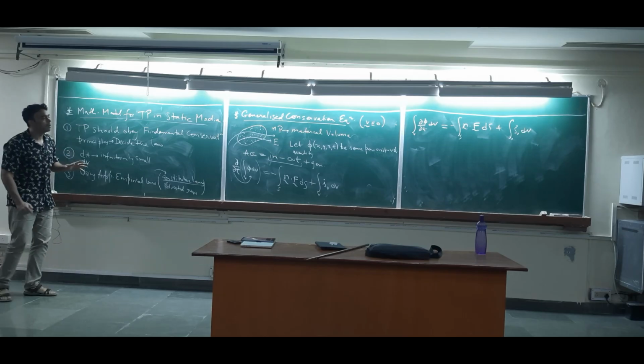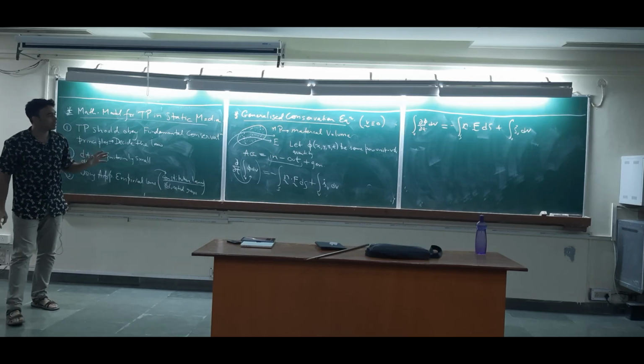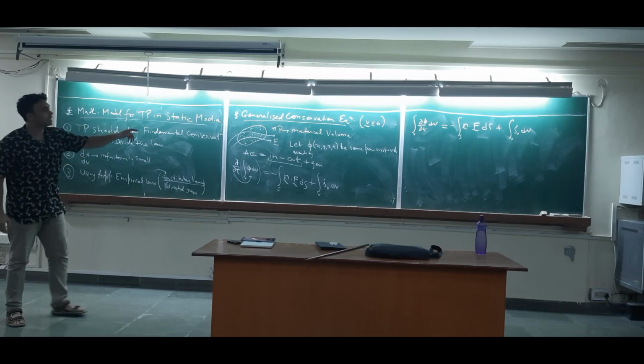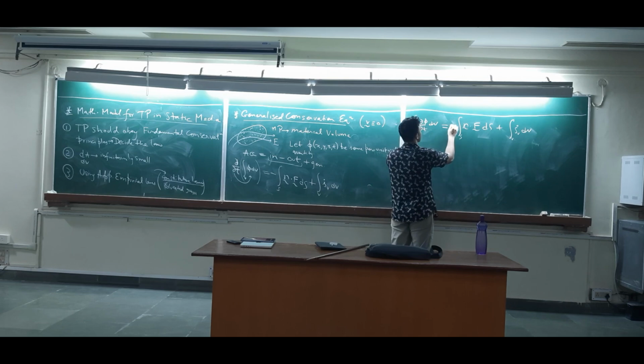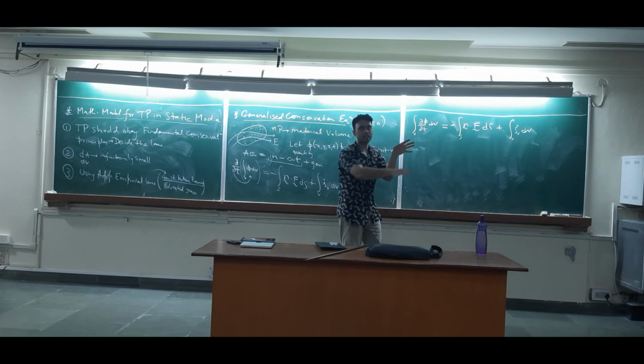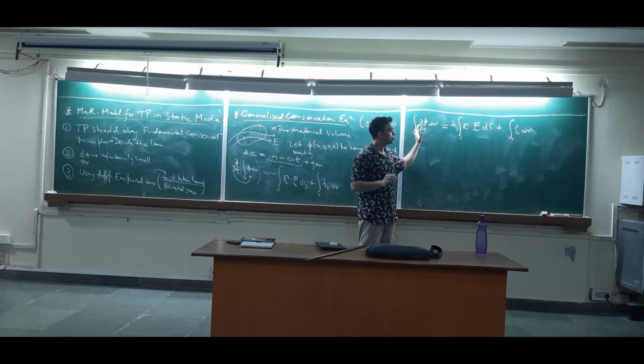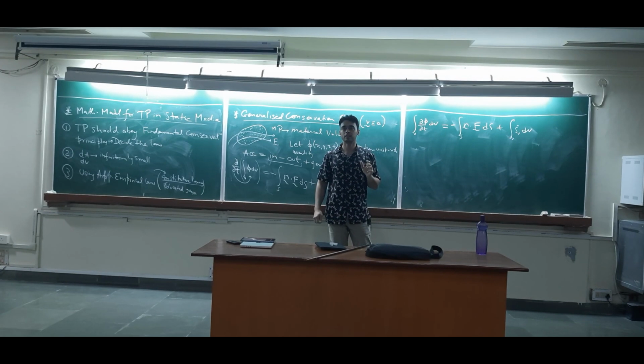Now, let me ask you this. If all the three terms that you have, one on the left, two on the right, if all of them were volume integrals, then you could remove the integral sign.